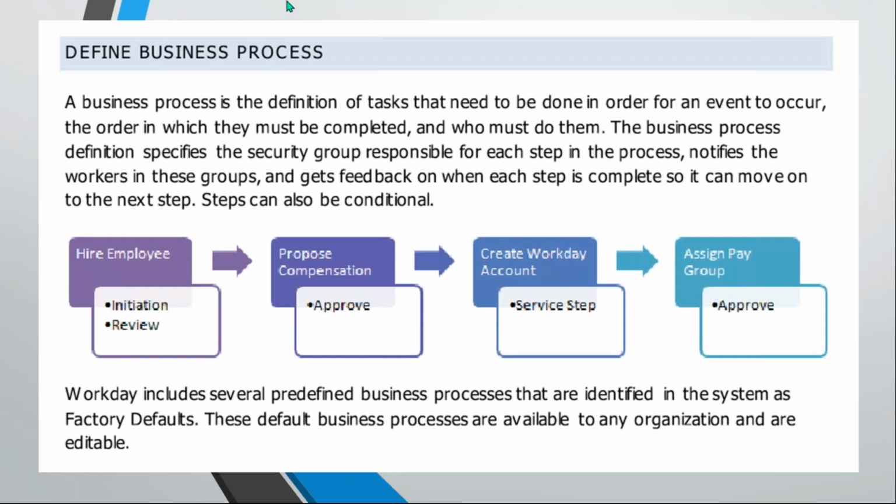It also includes some sub processes within the main business process. That part I will cover at a later stage. Whatever business processes are delivered by Workday are the factory default, and you cannot create an entirely new set of business processes.